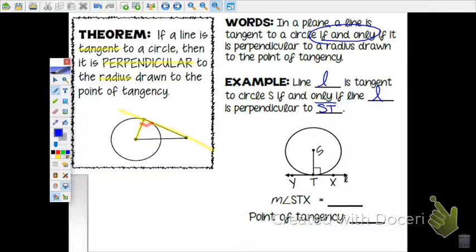It is 90. The point of tangency is what? Okay, point of tangency is that point T. Okay, so the line and the radius are going to be perpendicular if it's a tangent line.